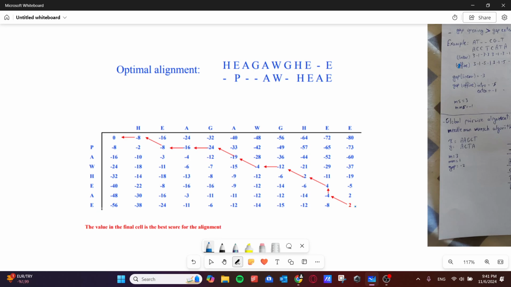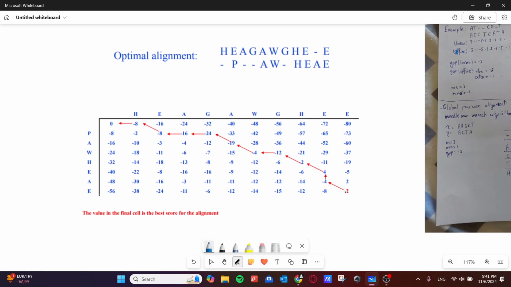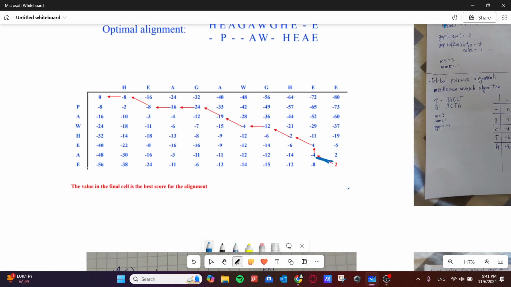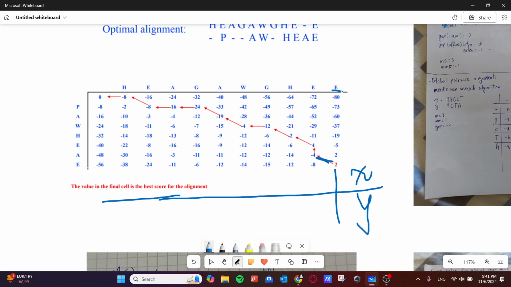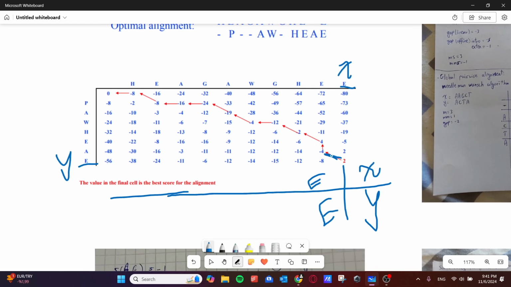So we will follow the lines, okay? They have drawn the lines. So here it's diagonal. So again, x and y. We start. We have e, e. Always write x and y. E, e. Then it's vertical, right?